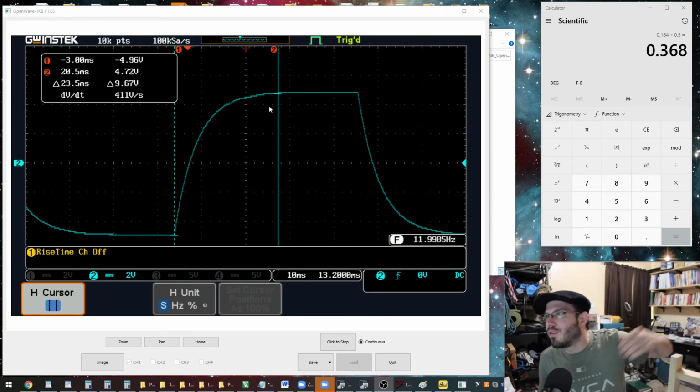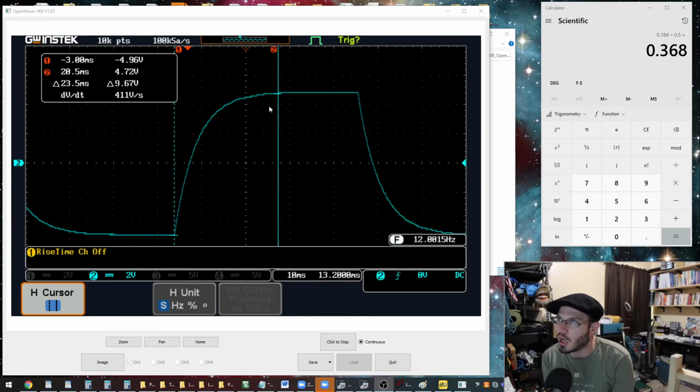You can see we're just about done charging. That's about our 99% charge state. I think technically it's 99.8.